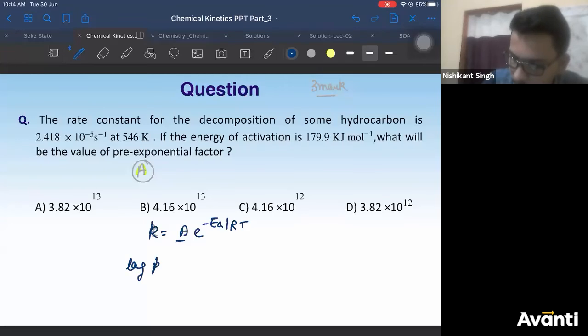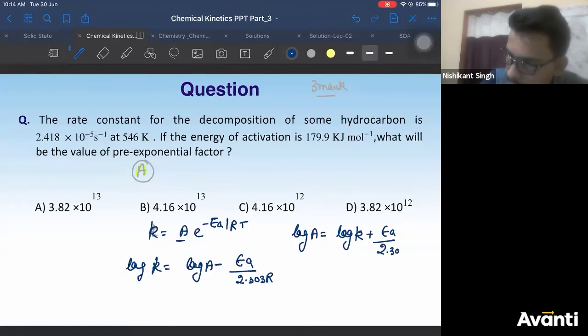Log K is equal to log A minus EA by 2.303 RT. So log A is equal to log K plus EA by 2.303 RT. You can use this. K is given, EA is given. Temperature is also given.